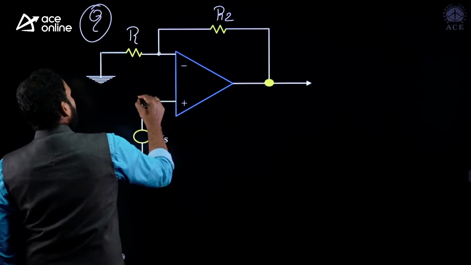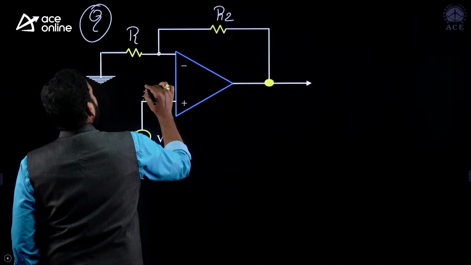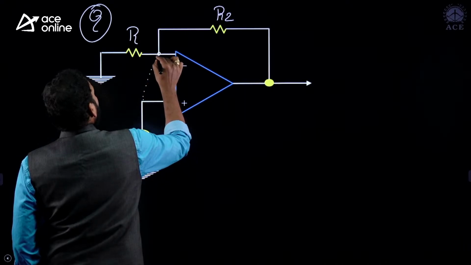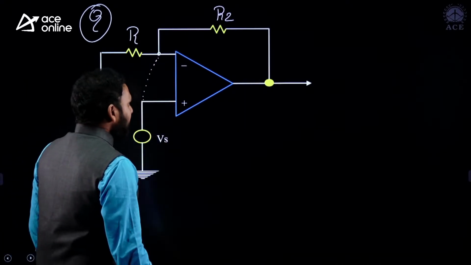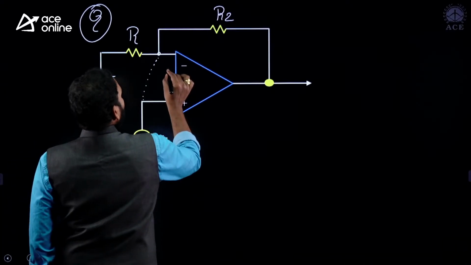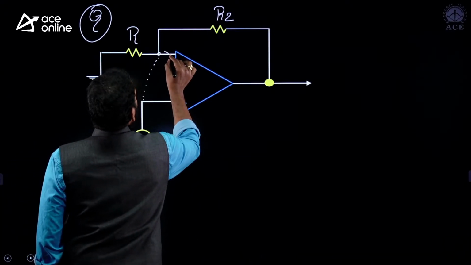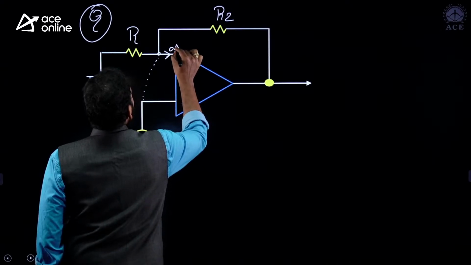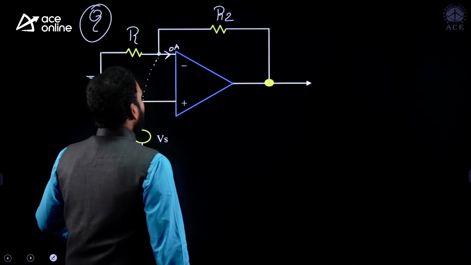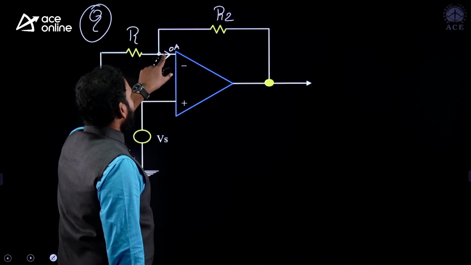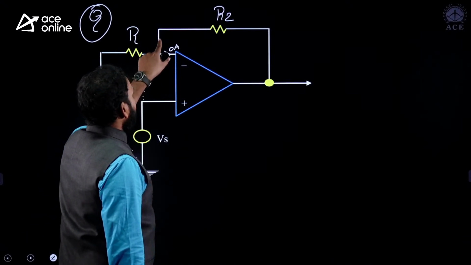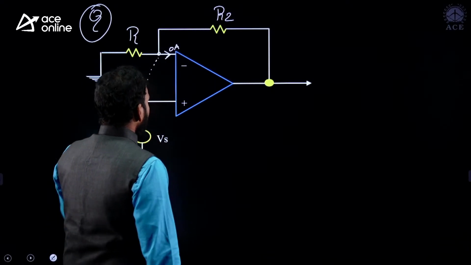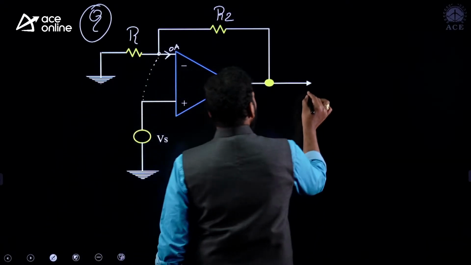According to the virtual short, this voltage can reflect at this node. Then next point: current entering into the op amp is how much? 0 amperes. You remember that point also. As there is no entering current here, we can directly focus on only these two branches.